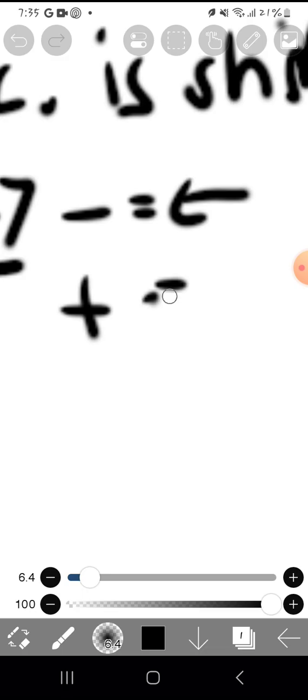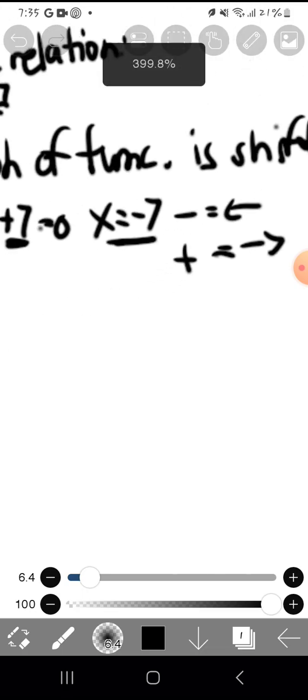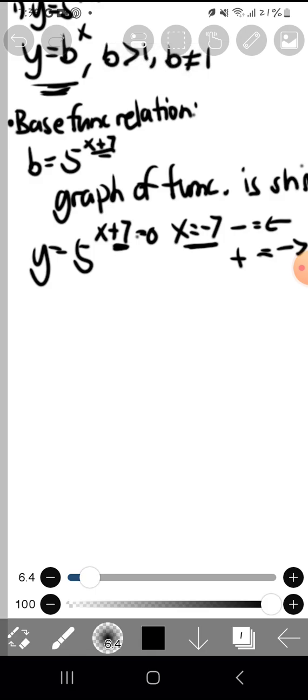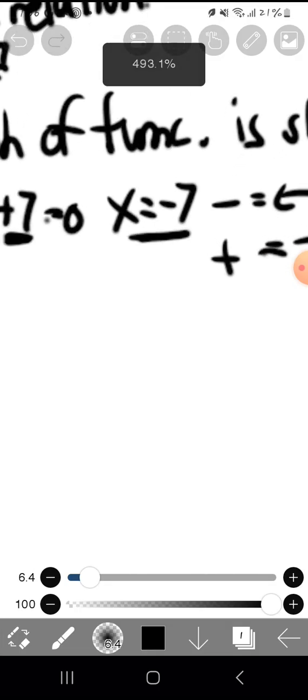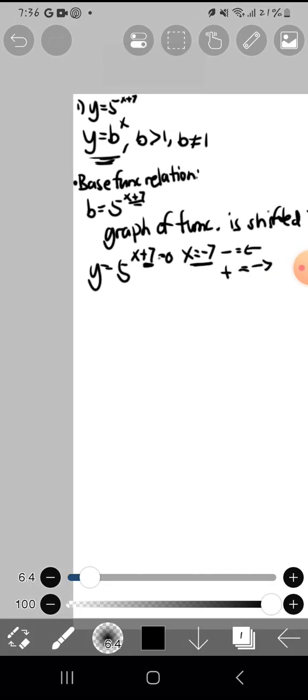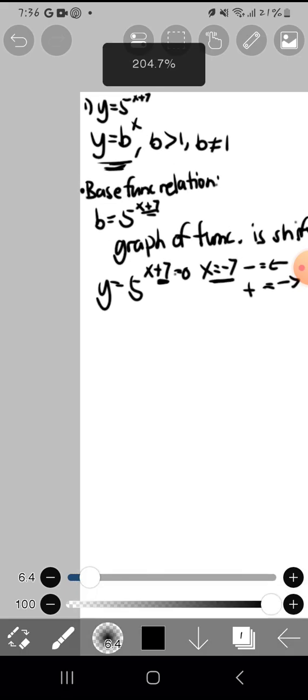Positive equals to the right. Our x here is negative 7, therefore the graph shifts horizontally to the left 7 units. Kahit mo muna sabihin horizontally, given na yun. Ayun, yan na yung interpretation natin para sa number 1.